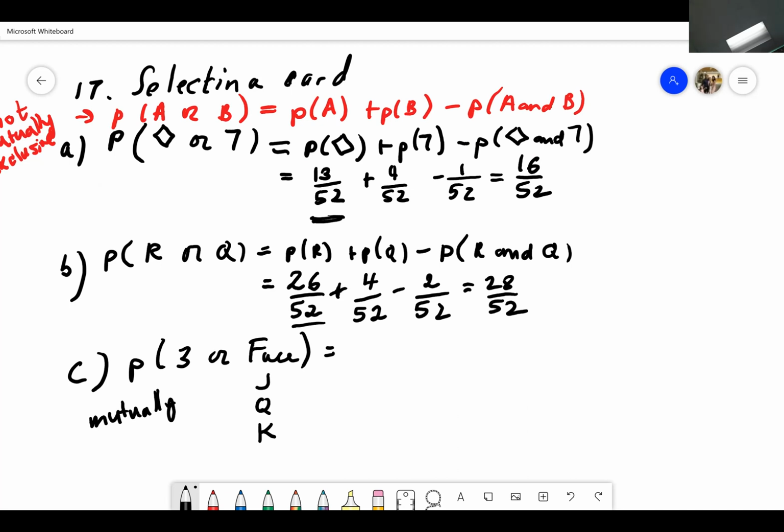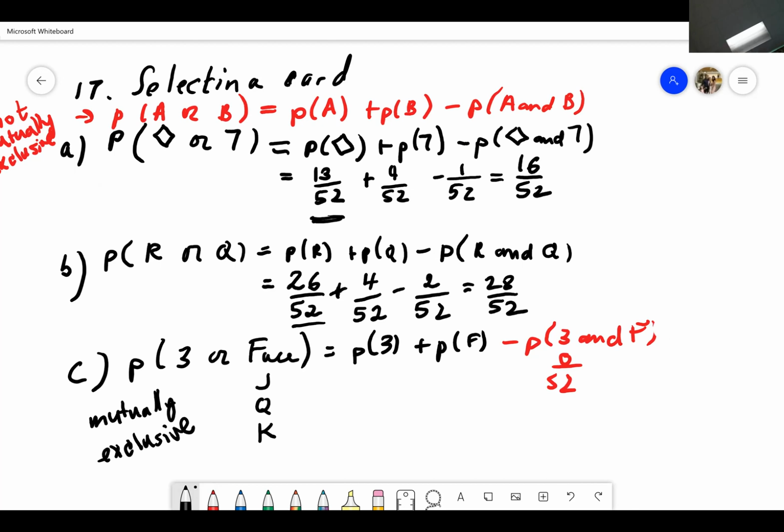So these are mutually exclusive. So you just write the probability of 3 plus the probability of face. But even if you wrote this by mistake, and it's not a mistake, it just means that this is 0 out of 52. So that's why we don't do it, because they're mutually exclusive.